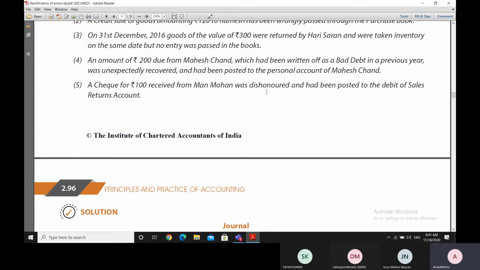When we received the check from Manmohan, it has been posted to the debit of the sales returns account, and we were supposed to actually credit the sales return account.